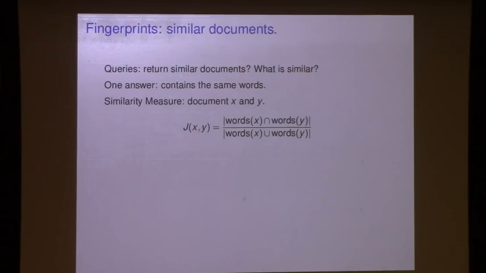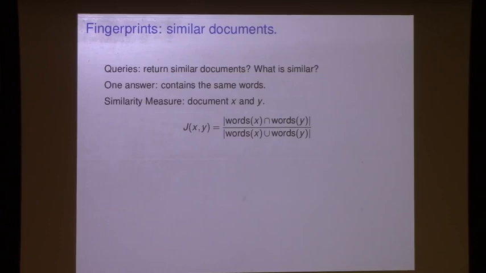This is called Jaccard similarity. So this is a notion of similarity. You can compute the similarity of documents: look at all the words in X, all the words in Y, take the intersection, then divide by the union. So this takes a while. For any pair of documents, you would want to get the whole text and do this whole calculation. Now, is there a better, faster way to compute this similarity?